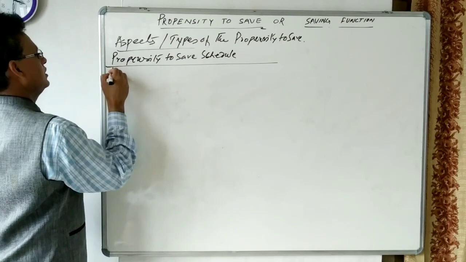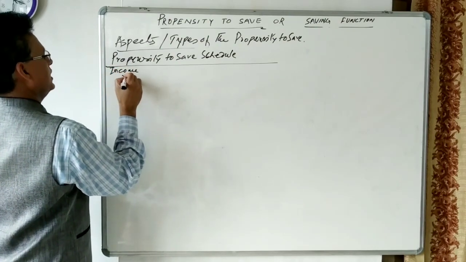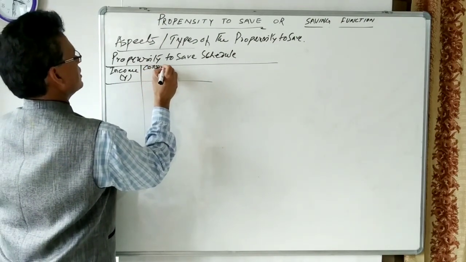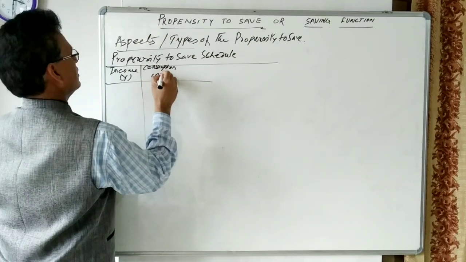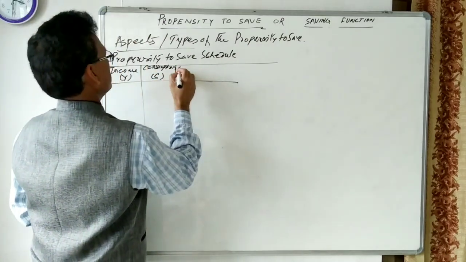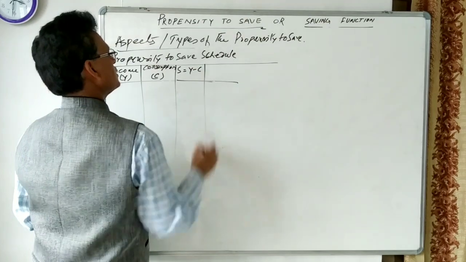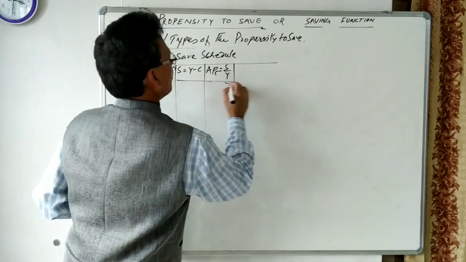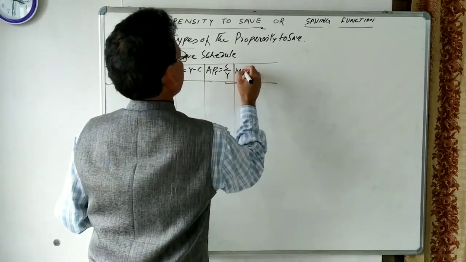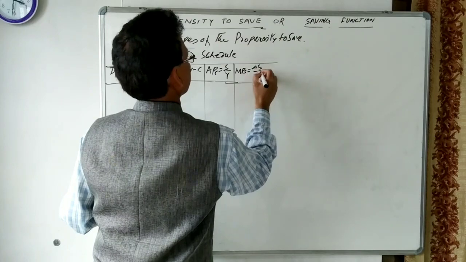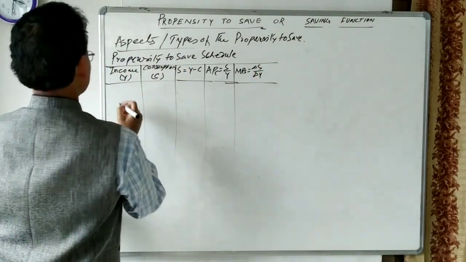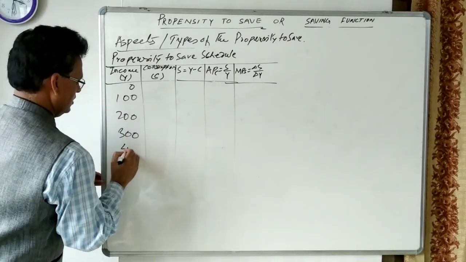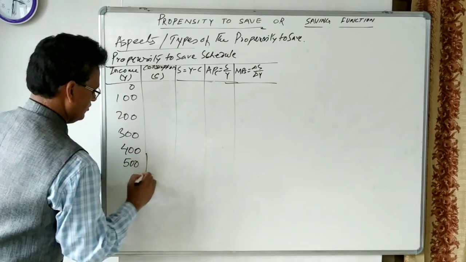In the first column we take income, Y. Then consumption, C. Then saving, which is income minus consumption, then APC, and APS, saving divided by income. Here we take MPS, change in saving divided by change in income. Let us take the income 0, 100, 200, 300, 400, 500.